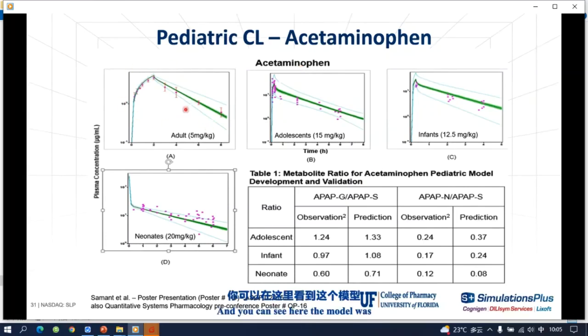And you can see here the model was again initially calibrated and validated against the adults. And then the same model was used to predict the PK in adolescents, in the infants, as well as in the neonates by simply replacing the physiology. And you can see they did a very nice job going across the entire age spectrum, even for a compound which is metabolized by multiple enzymes.